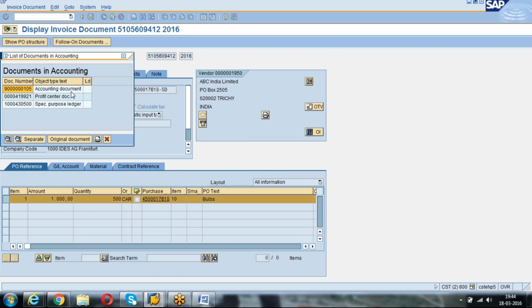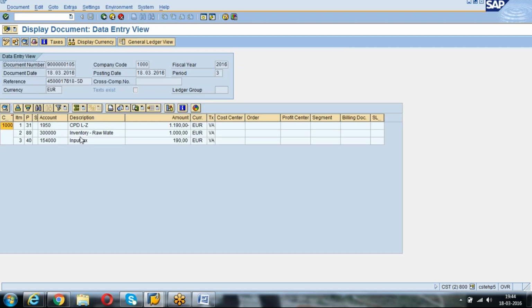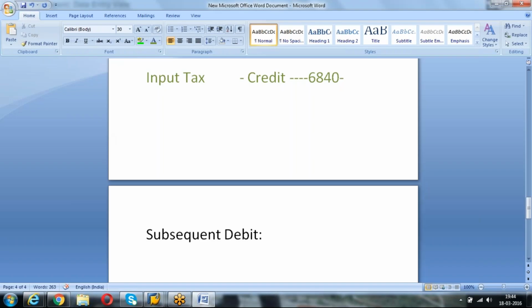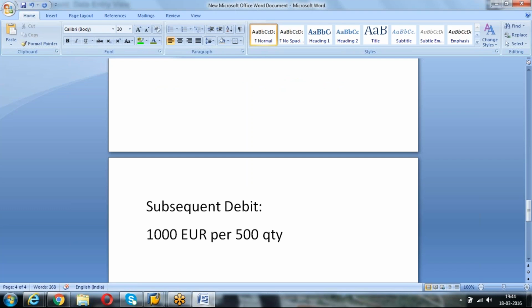That's why the vendor account will get credit, but the additional charges of 1,000 rupees will be loaded on the material. That's what we have to understand. How much have we done? Subsequent debit we have done for 1,000 euro per 500 quantity.